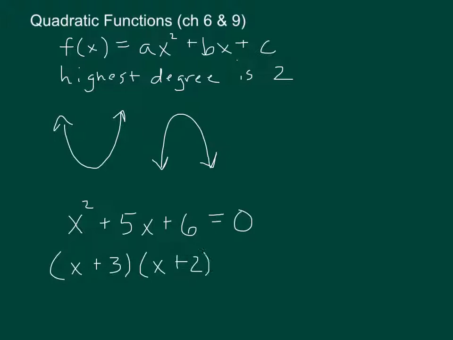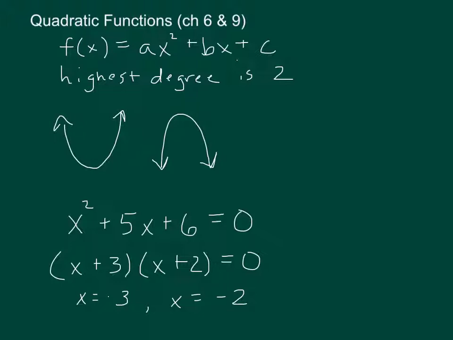Is that right, Matt? And then we use the zero product property to say x is either equal to -3 in this case, or x is equal to -2. That was our end game with quadratic functions: first being able to identify them, then being able to graph them, and then being able to solve their equations. Anything I'm missing, Matt?